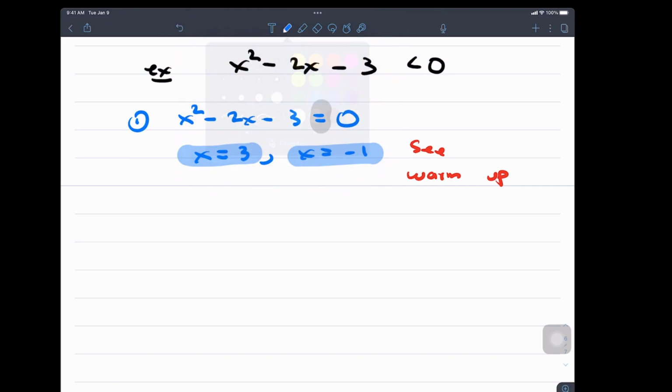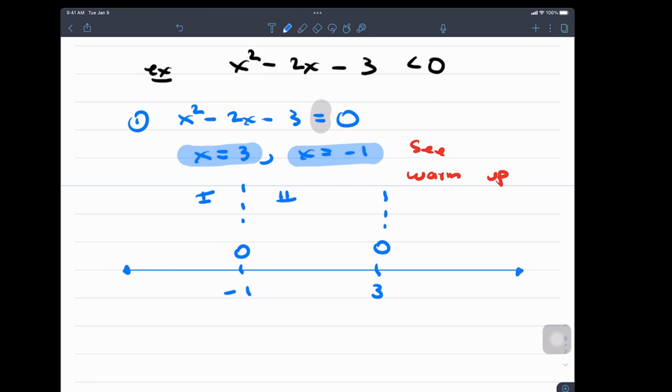What's the second step? Draw your what? Your real number line. Okay? So you'll have -1, +3. This is where it's 0. Is that right? And this partitions the real number line into what? 1, 2, what? 3 regions. Okay, what is region 1?